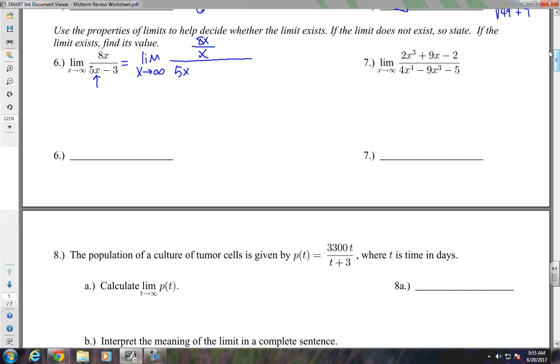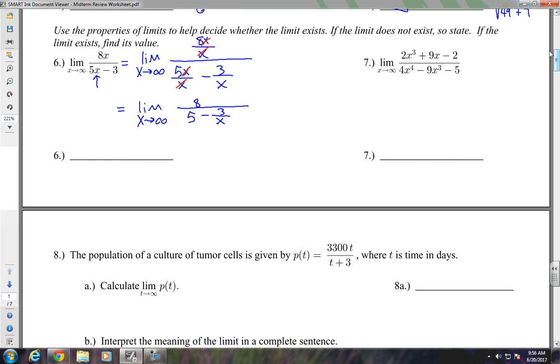By dividing each term by the same thing, I'm not changing the original function. Next step, we can reduce. 8x divided by x reduces to give us just an 8 in the numerator. 5x divided by x reduces to give us 5, and 3 over x is completely simplified.